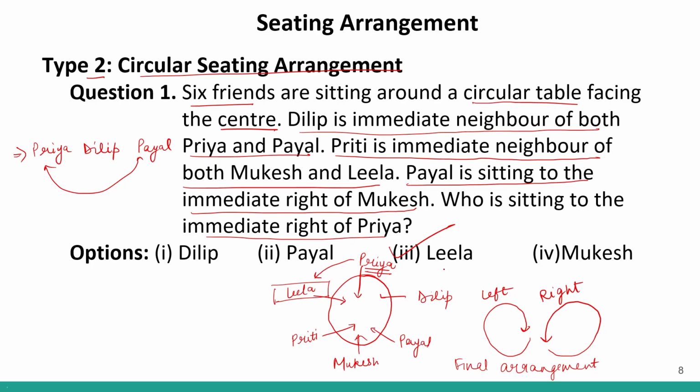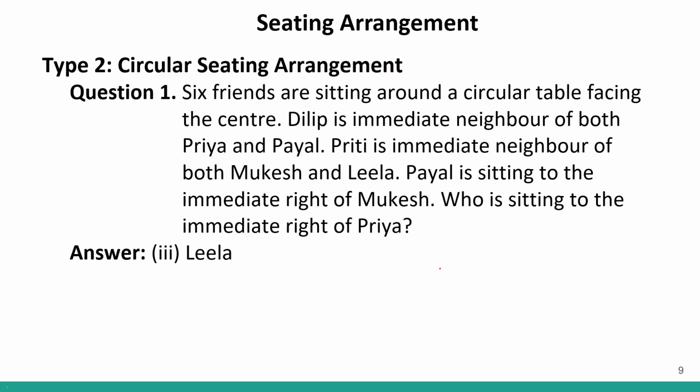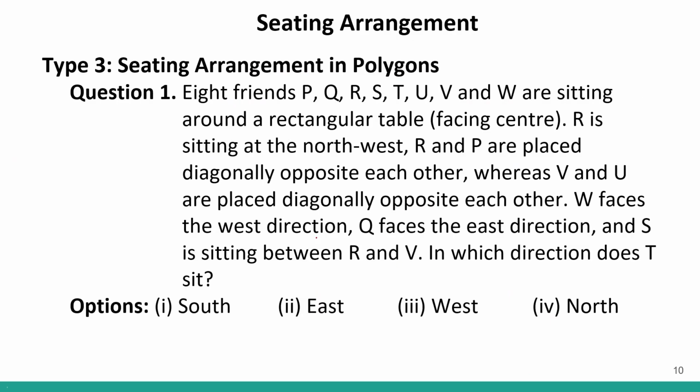So this is how you solve questions on circular seating arrangement. Now we have type 3, seating arrangement in polygons. Polygons can be squares, rectangles, triangles, pentagons, hexagons, any shape.